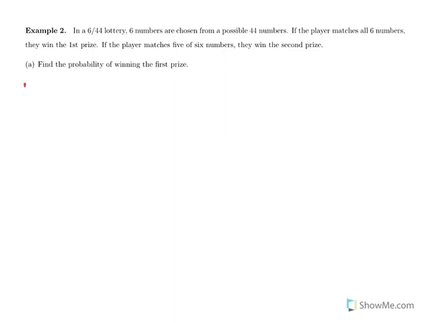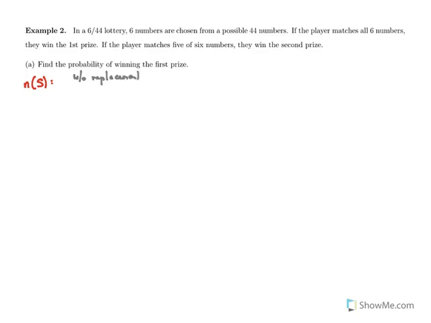Well, first let's think about what is the size of the sample space. Here we have 44 numbers possible, and we're going to be choosing 6 of them. So note that to count this, we are going to have without replacement.